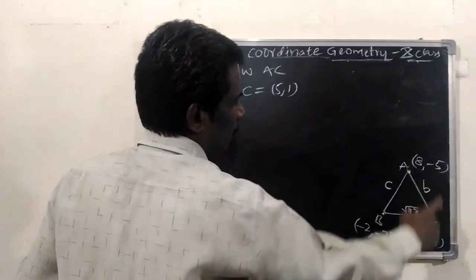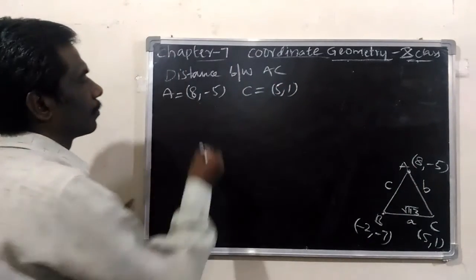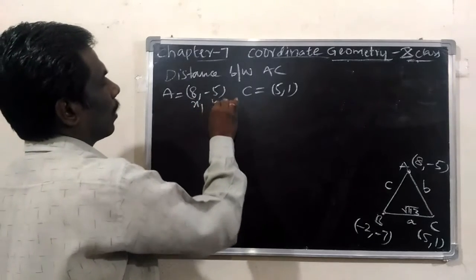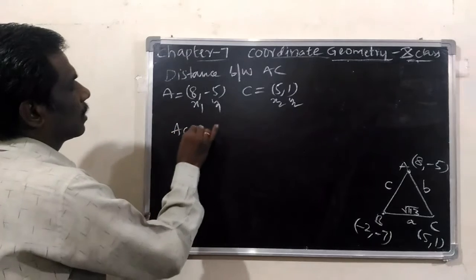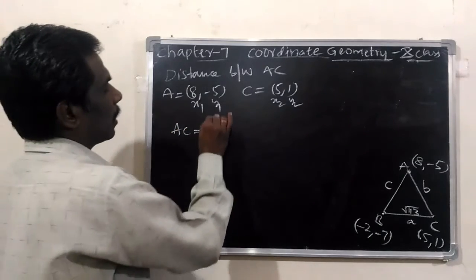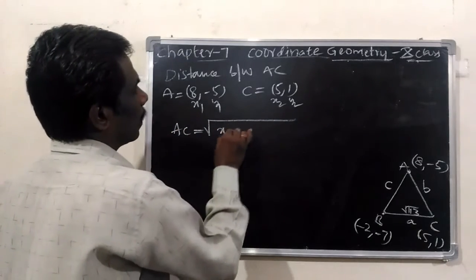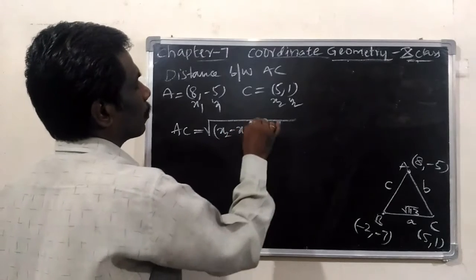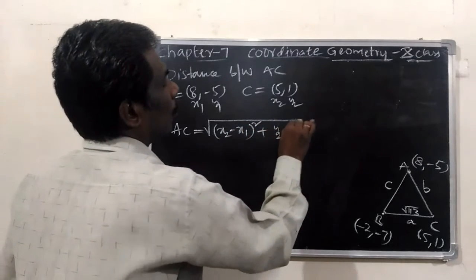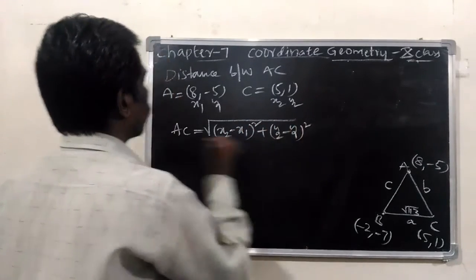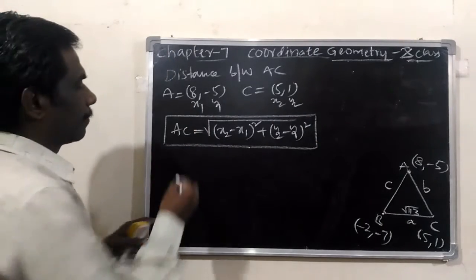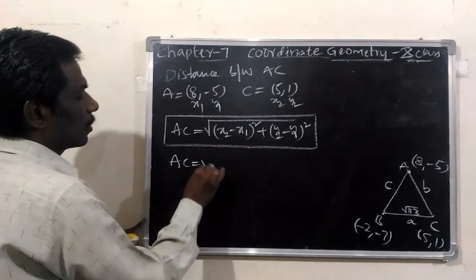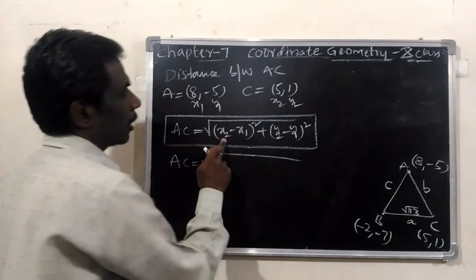Let these be x1, y1 and x2, y2. Write the distance formula: AC equals under root of (x2 minus x1) whole square plus (y2 minus y1) whole square.